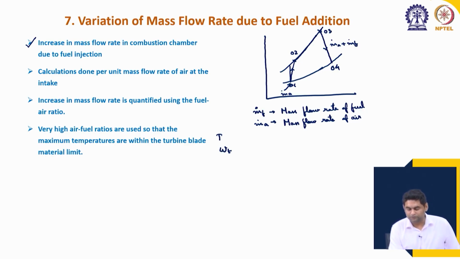So, per unit mass flow rate of air, this is defined in terms of the intake mass flow rate of air.